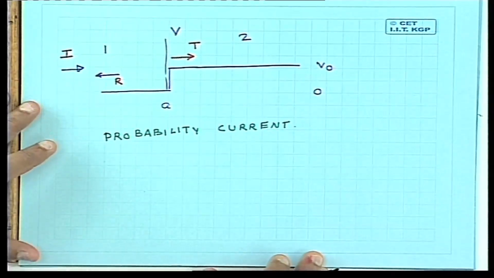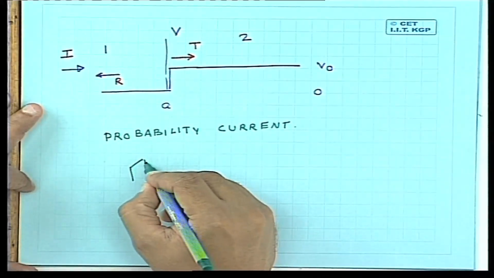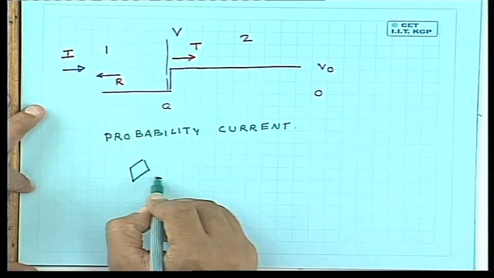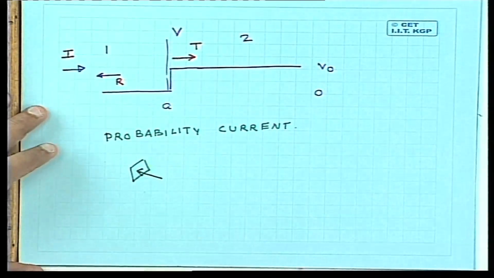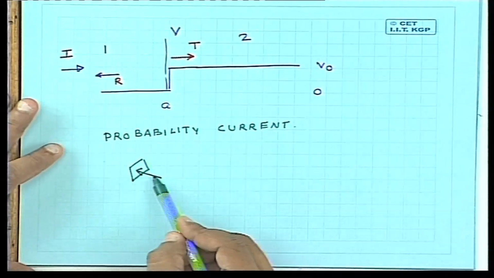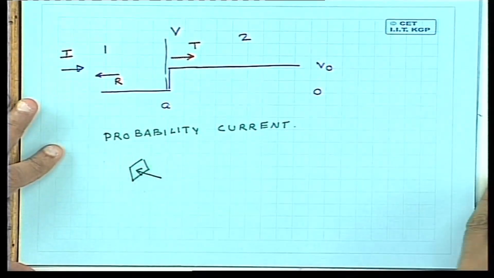So the probability current tells you the rate of flow of the probability density. And if I have a surface over here, or if I have a line, then this surface area into the probability current will tell me the rate at which the probability density is flowing across this surface.